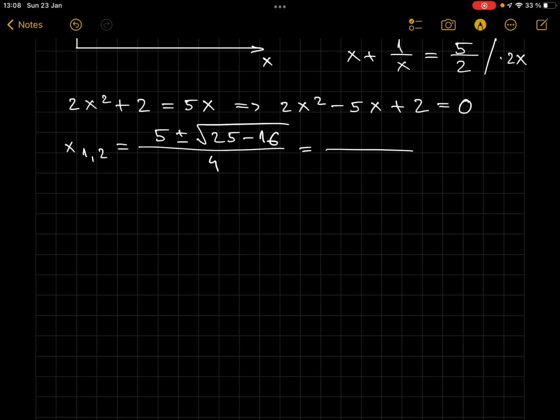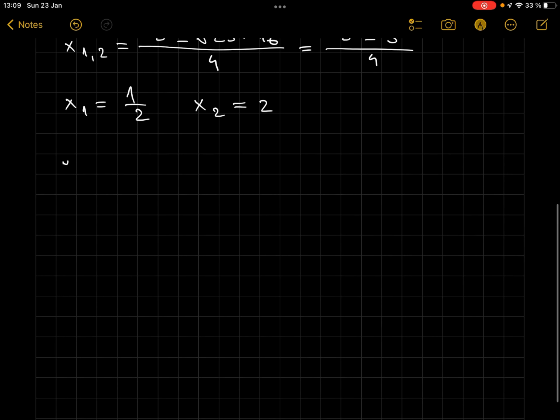So 25 minus 16 is 9. The square root of 9 is 3. So I'll get 5 plus minus 3 over 4. Our first solution is going to be 5 minus 3, which is 2 over 4, which is 1/2. And our second solution is going to be 5 plus 3, which is 8 over 4, which is equal to 2.